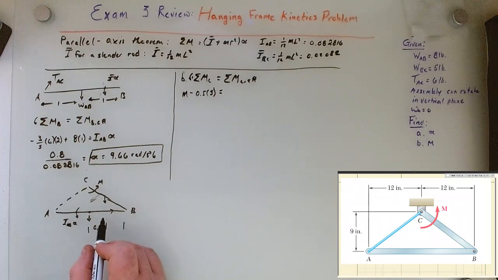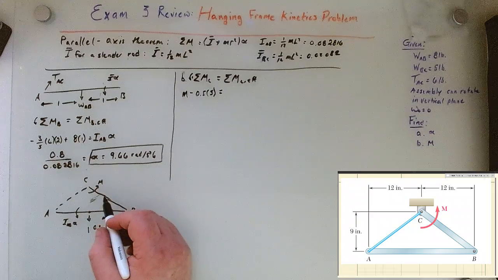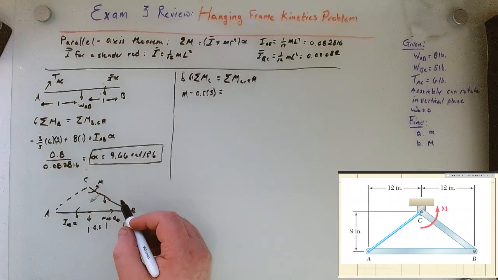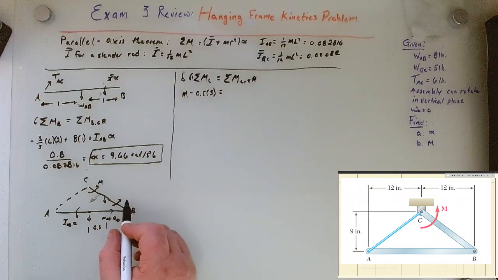And this is the M, A, B, A, A, B. And with BC, there's this, right?